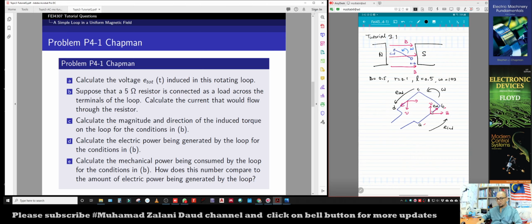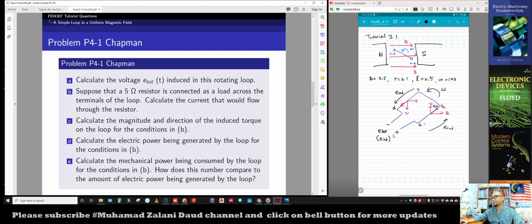All right. So basically, we know that the induced voltage for AB is in that direction, and for CD it is in that direction. Of course, at the terminal it is supposed to be E dot or E in, in that direction.